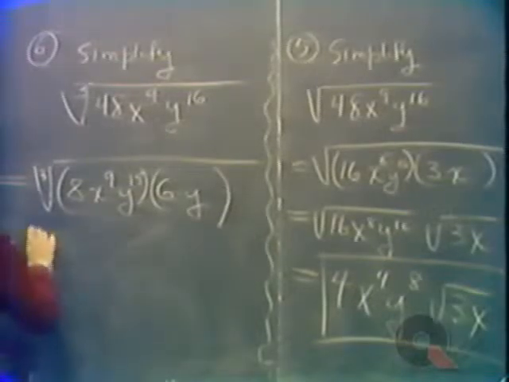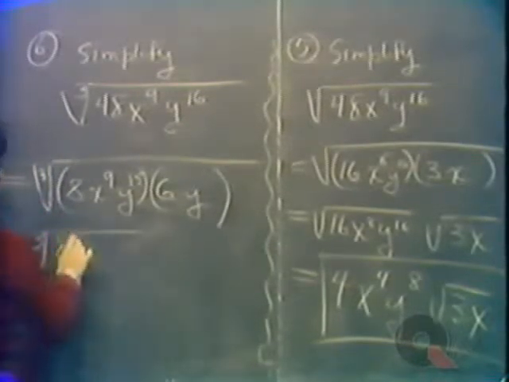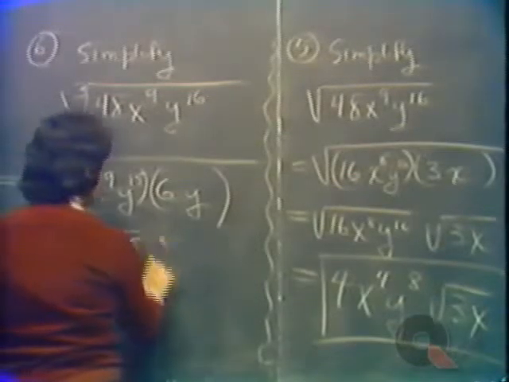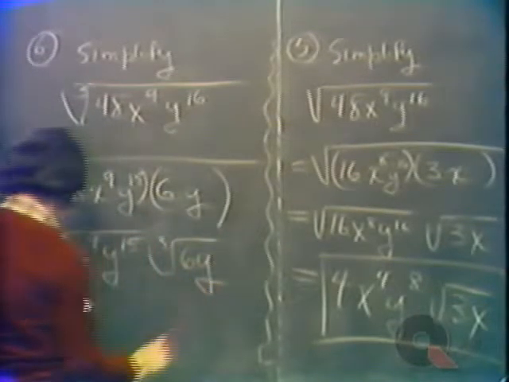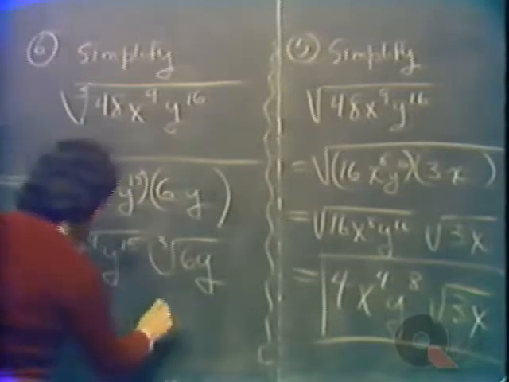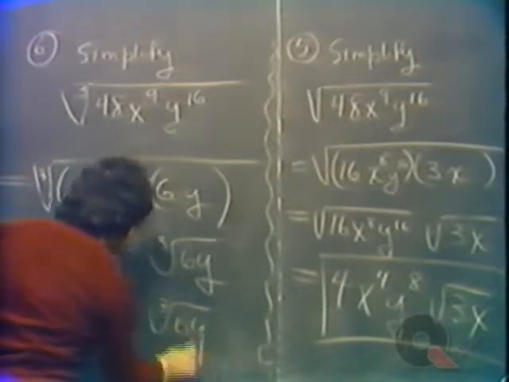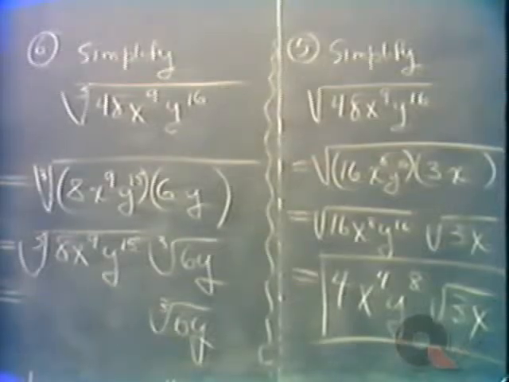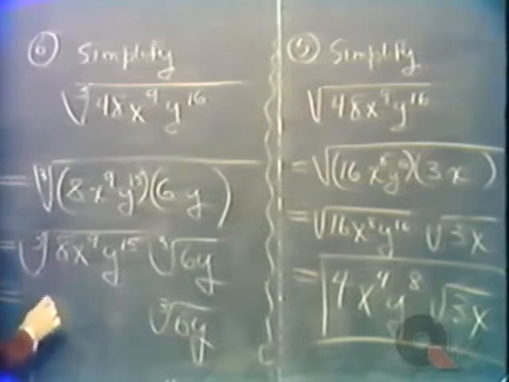So we break it up into the cube root of 8x to the 9th, y to the 15th, times the cube root of 6y. The cube root of 6y, we can't do anything about. But this is a perfect cube. It's been set up in that manner. The cube root of 8 is 2.